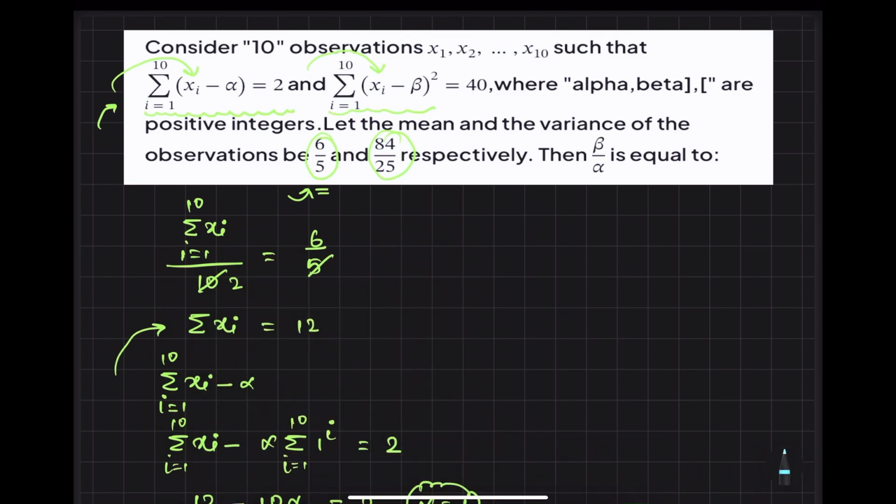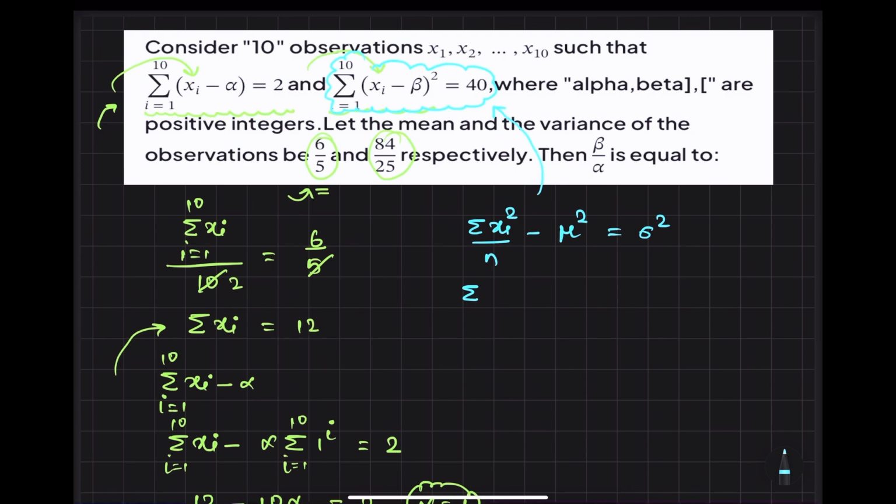Now we need to find the value of beta, so we will try to find the variance. You know that if you add or subtract any number, the variance will not be affected. Correct? So can I write down the variance for this question? Variance will be summation xi square by n, the number of numbers, minus mean square. This is variance according to us, but we will write the formula for variance under this scenario.